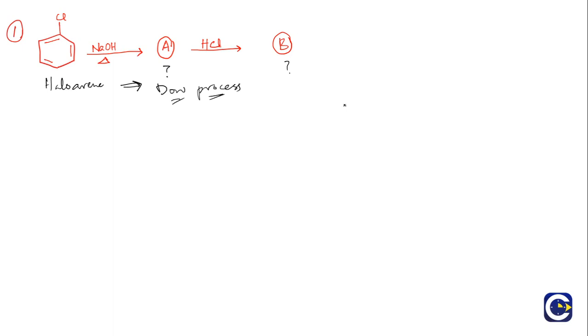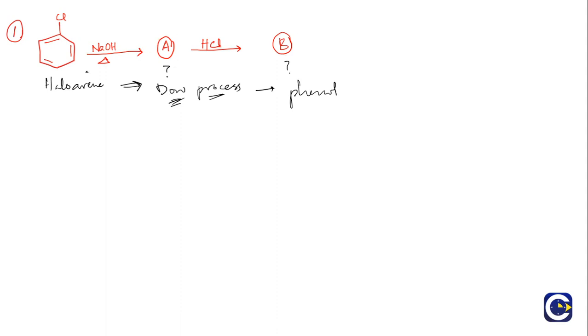Okay, and this process is the method of formation of the phenol. So obviously the final product is going to be the phenol in this reaction. So the final product B is going to be the phenol, and the product A is the intermediate product.